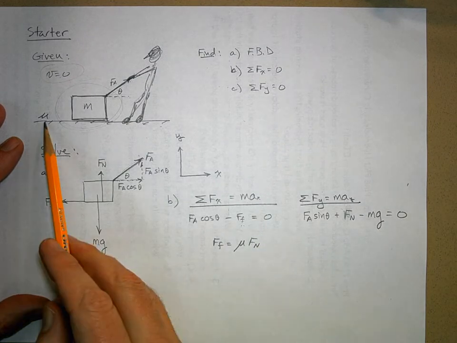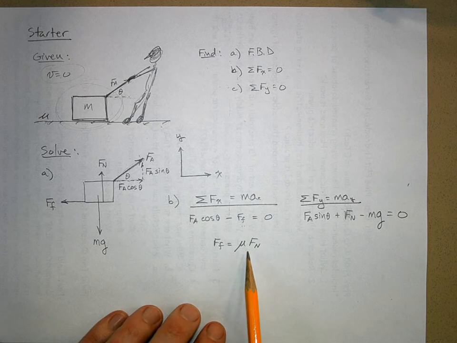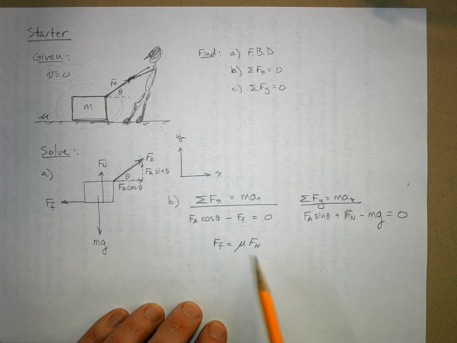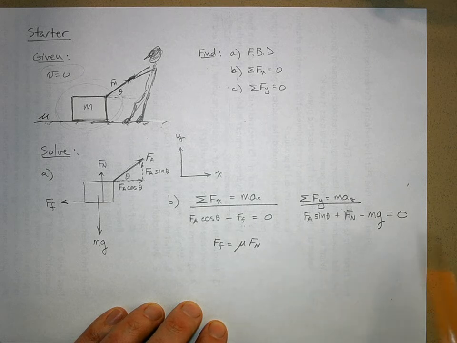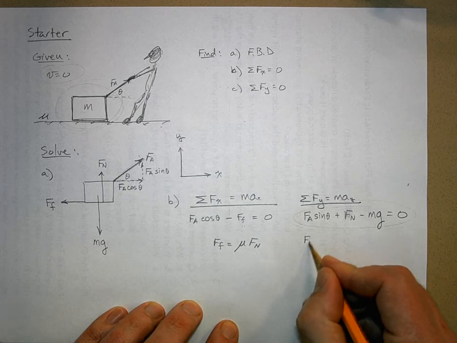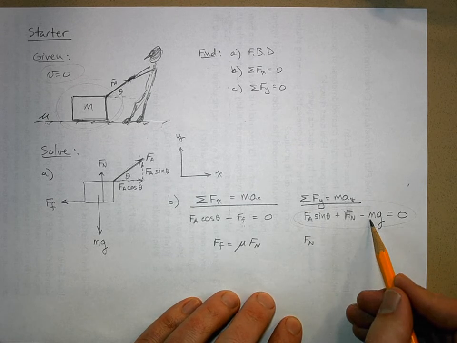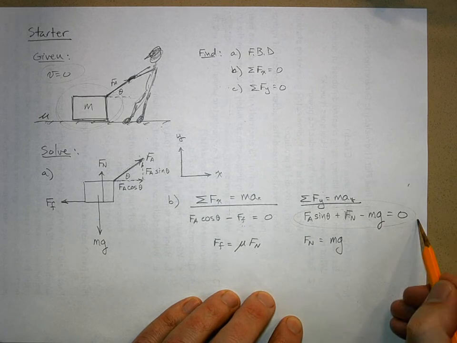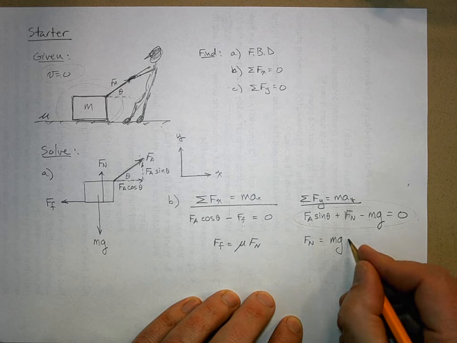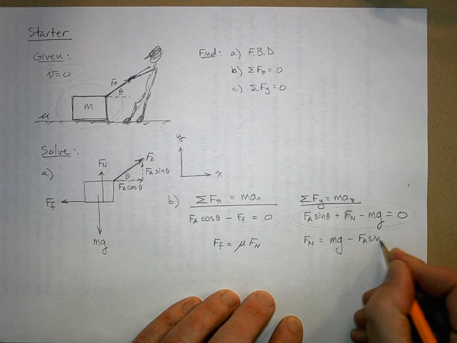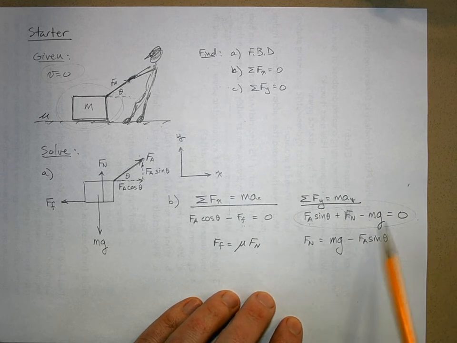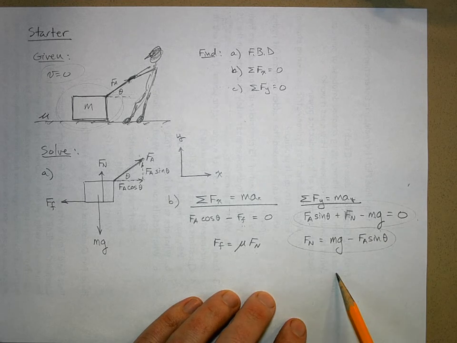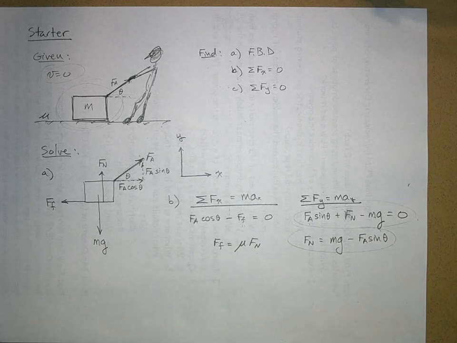If I want to express it in terms of the normal force, I've got to find the normal force. Well, I can solve for the normal force over here. The normal force is going to be equal to, let's add mg to the other side, and we'll subtract FA sine theta from this. You all see how I got the normal force there? How I solved for the normal force?